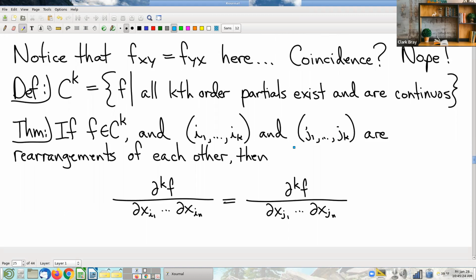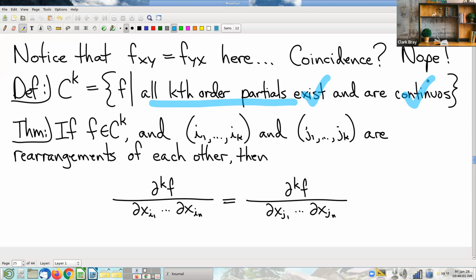The order that you take partials, if a certain regularity condition is met, the order doesn't matter. So now what is the condition? The condition is that if you're going to compare various kth partials, where you're taking partials with respect to k different input variables in succession, you need all of those kth partials to exist and be continuous.